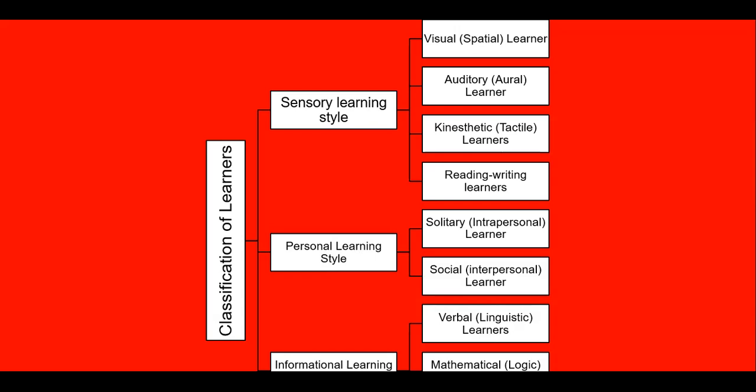The second is the mathematical learners. They like figures, numbers, and logic ideas, systematic ideas. While the third here under this category is the auditory musical learners who learn through rhythms, tones of sounds.